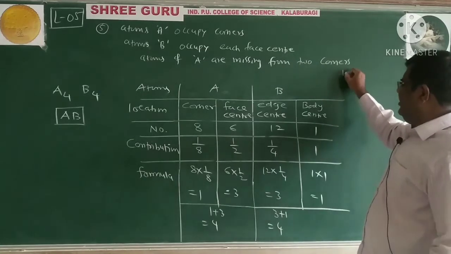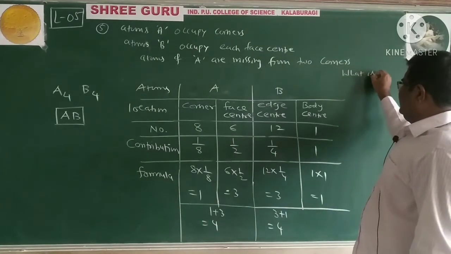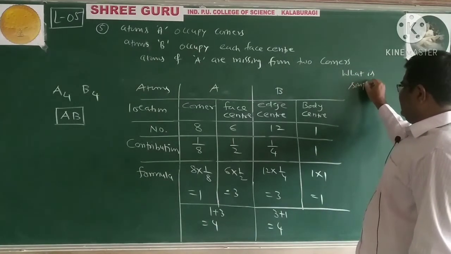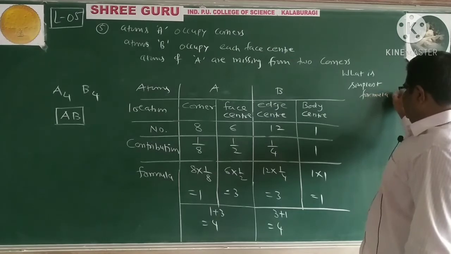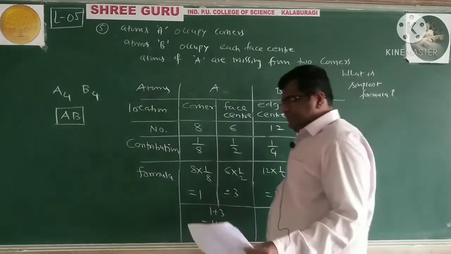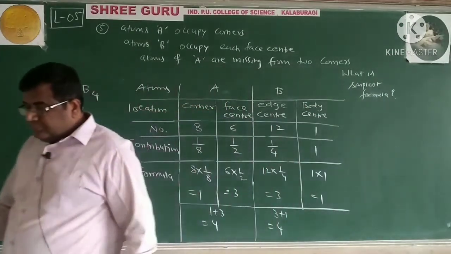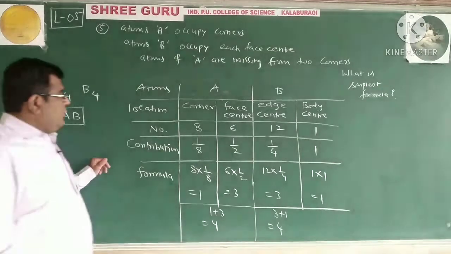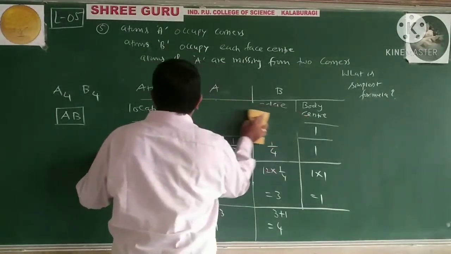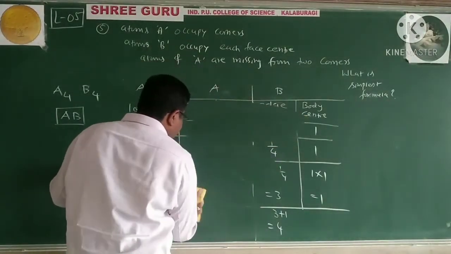What is the simplest formula? So we can keep this table as it is because we are having A and B only.